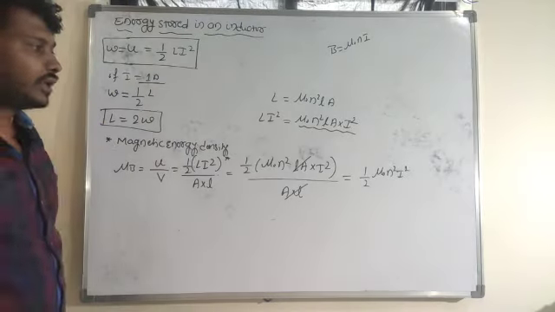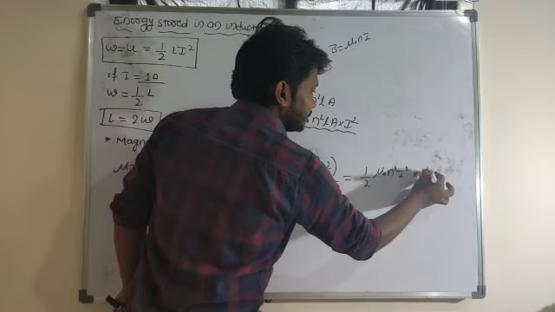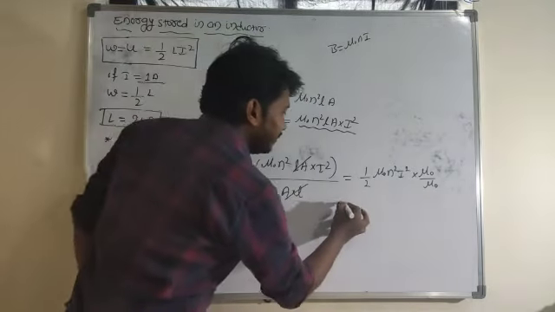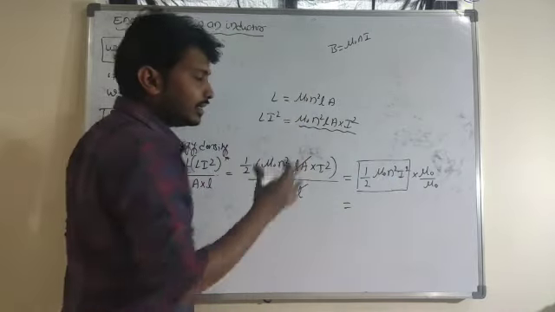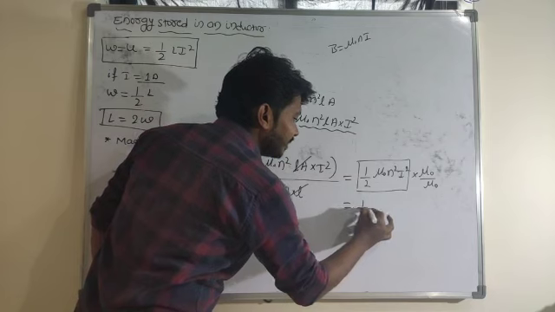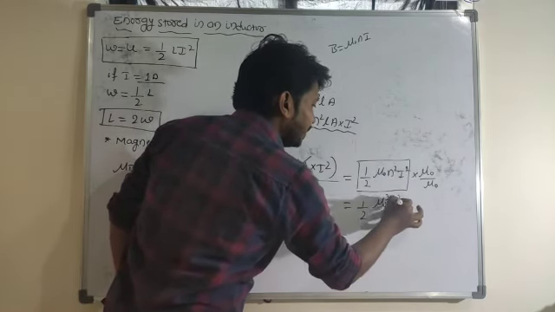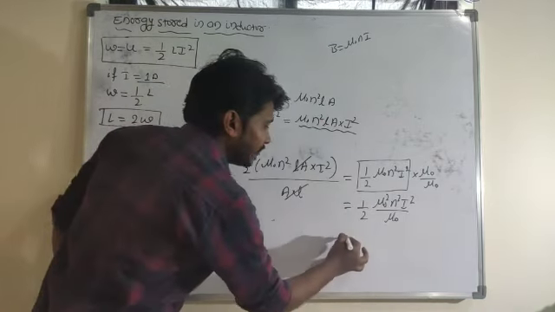B is equal to mu naught n into I. For mu naught n squared I squared, multiply and divide by mu naught here. So in terms of magnetic strength, I am writing half of mu naught into mu naught squared n squared I squared divided by mu naught.